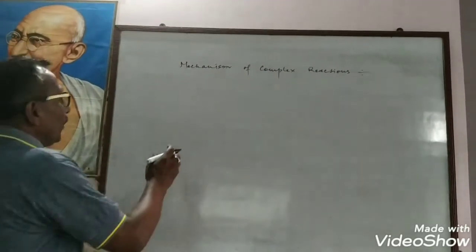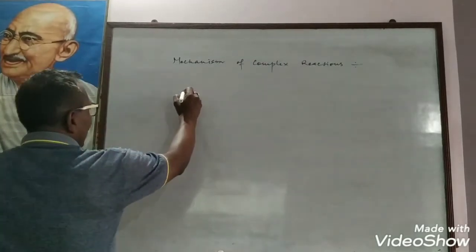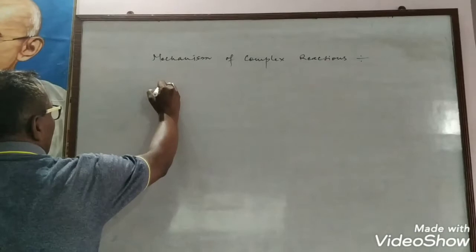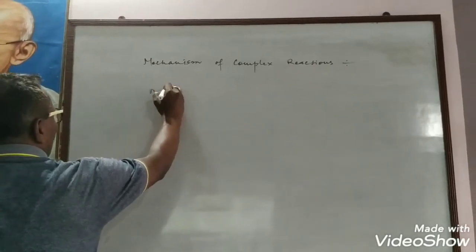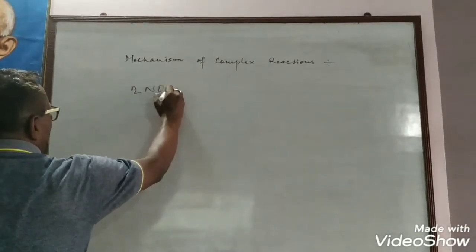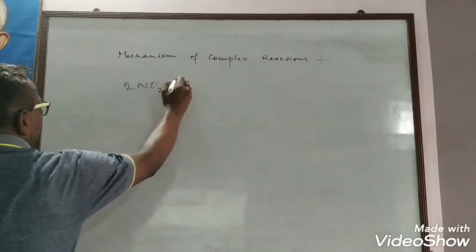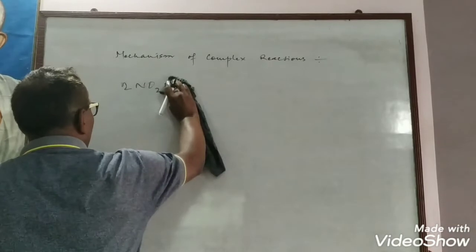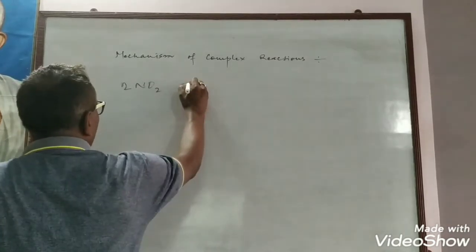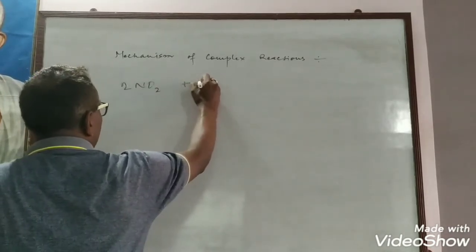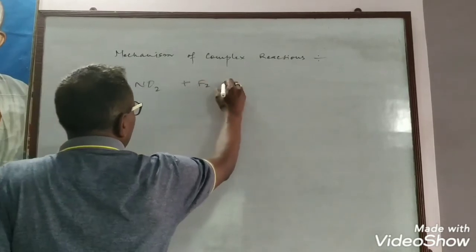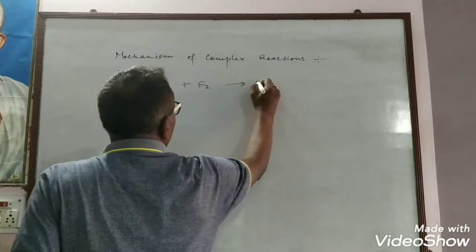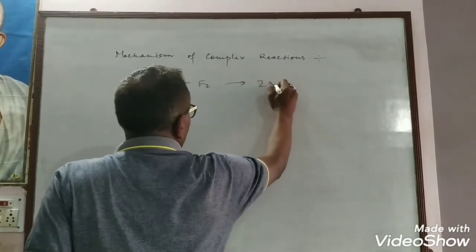So here we consider a reaction such as 2NO2 plus F2. This gives 2NO2F.